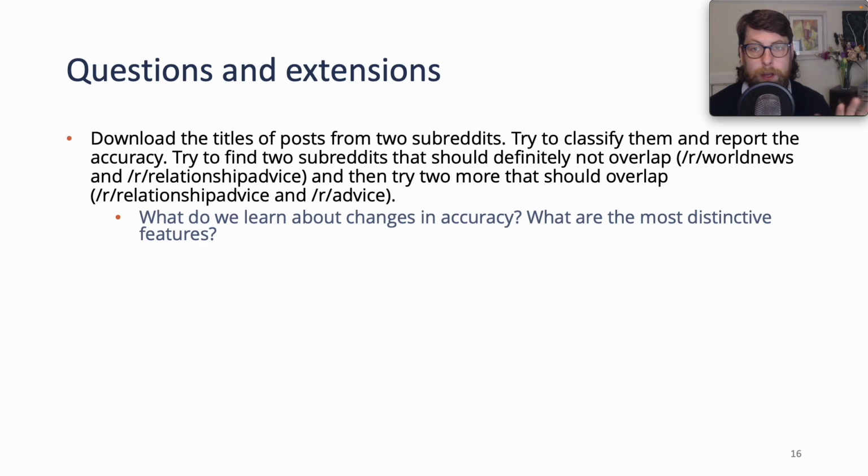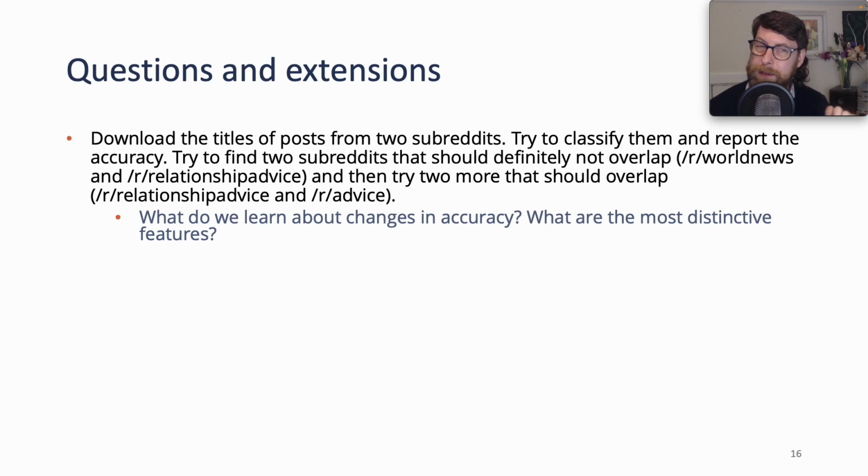Now, when we do this, imagine trying it out to give yourself a sense of how well this works by doing it first with two subreddits that definitely shouldn't overlap. So we have world news and relationship advice, both subs with over 1 million users and tens of thousands of people interacting every day, but on really different topics.